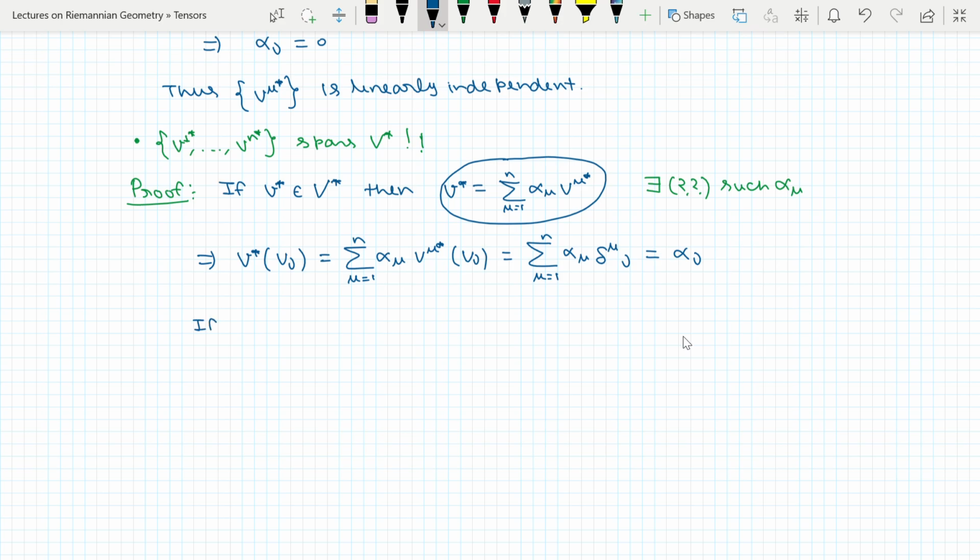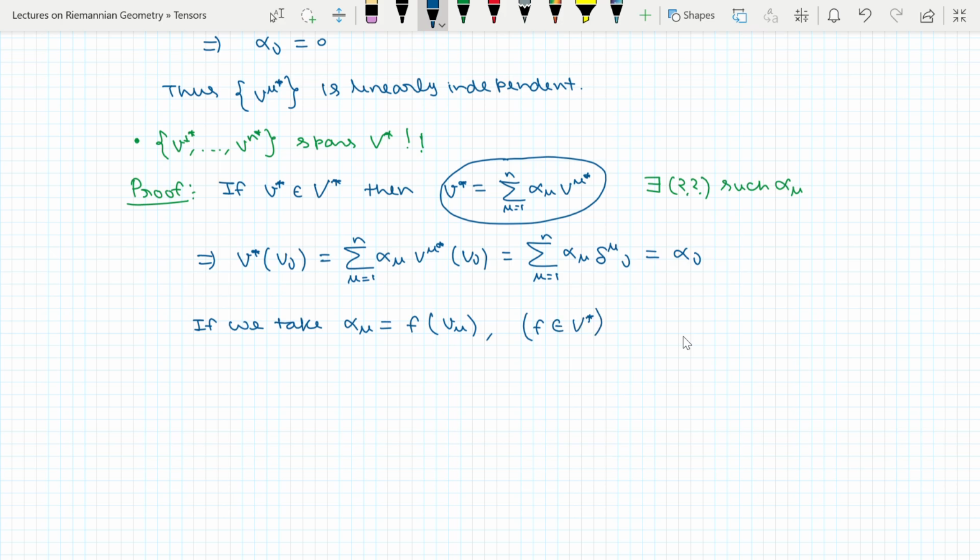Okay, so if we take alpha mu equals simply f of V mu.